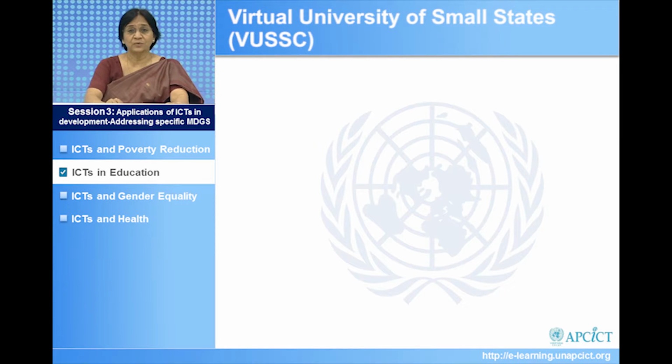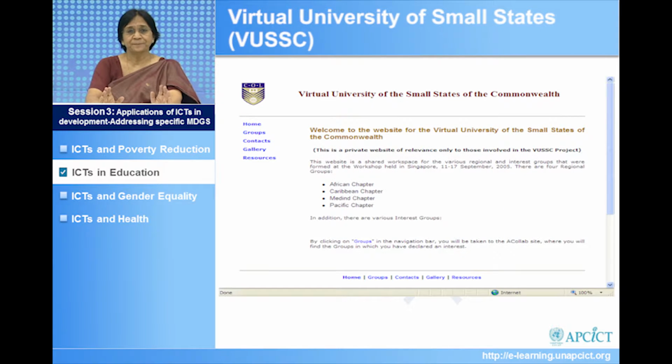In higher education, one will wonder what is possible for us to do. All of us have heard about e-learning, we've heard about virtual universities. One example is the virtual university for the small states of the Commonwealth, and it's worth looking at because it is not designed by large countries with huge internal markets like China or India.